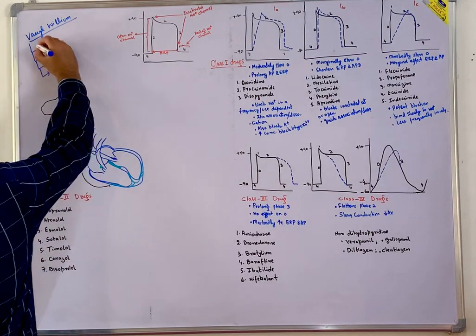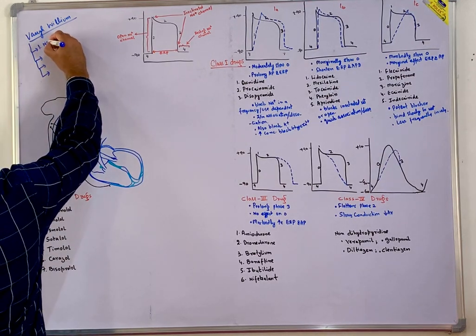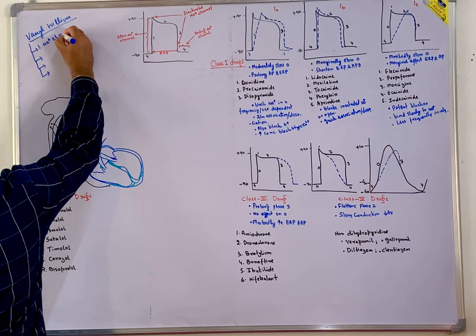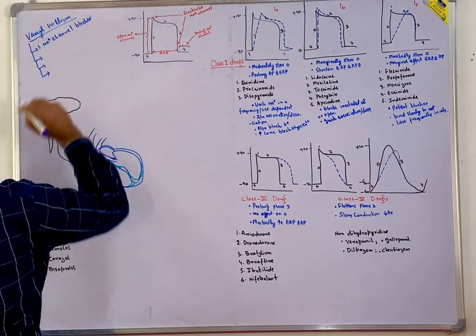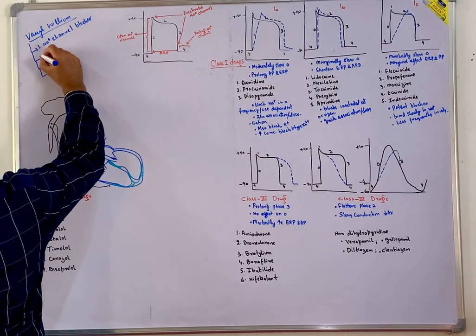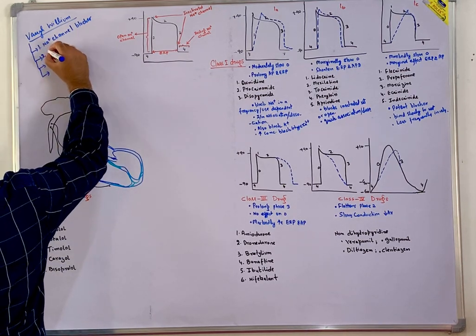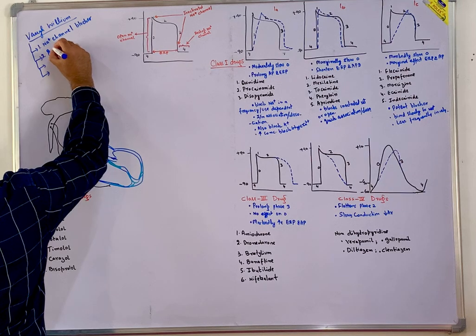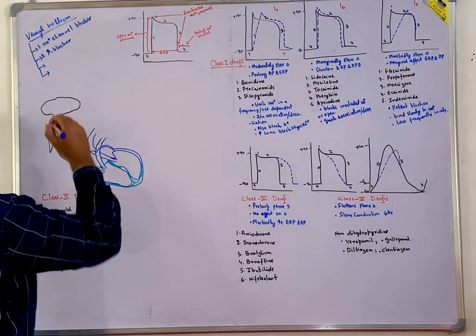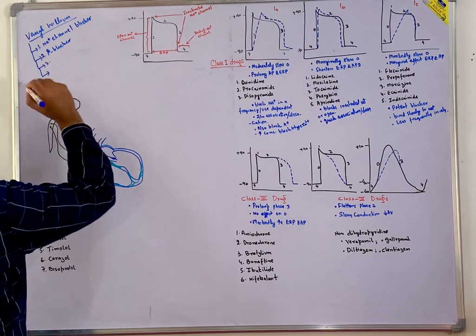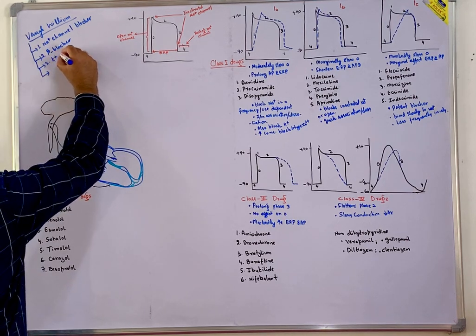Class 1 is sodium channel blocker. Class 2 is beta blockers. Class 3 is potassium channel blocker.